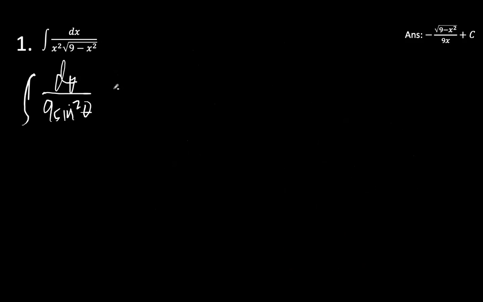Okay, so the problem is, how are we going to solve this? We can put the constant as a coefficient of the given integral. So this is 1 over 9, times the integral of 1 over sine squared theta with respect to theta. And we don't have a direct formula for the integral of 1 over sine squared theta.